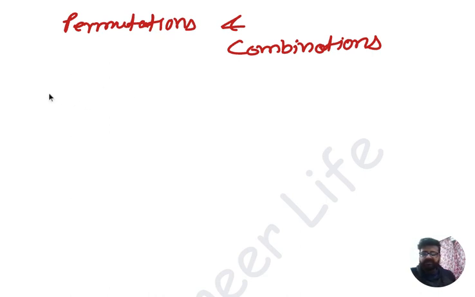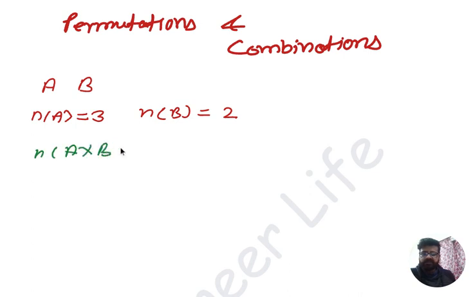If there was a set A and a set B, two sets, and the number of elements in set A was 3 and the number of elements in set B was 2, and I write down the Cartesian product A cross B, and N tells us the number of elements in this set, then this was equal to the number of elements in A multiplied by the number of elements in set B.